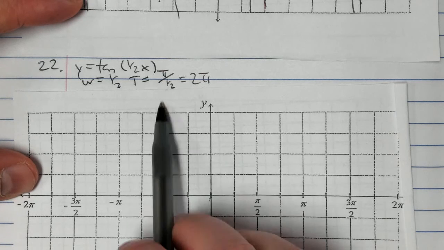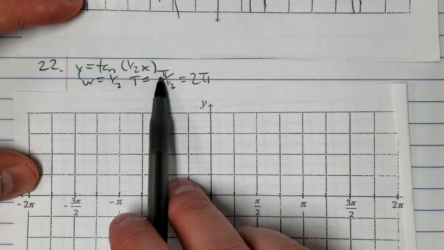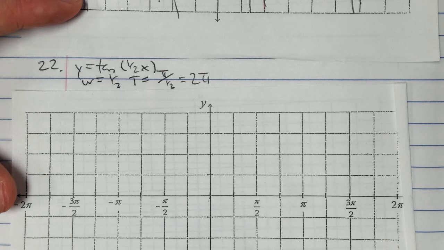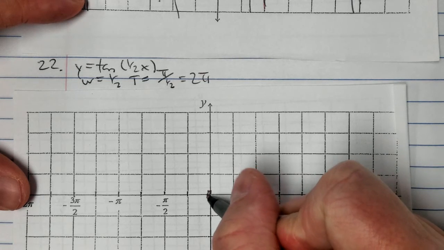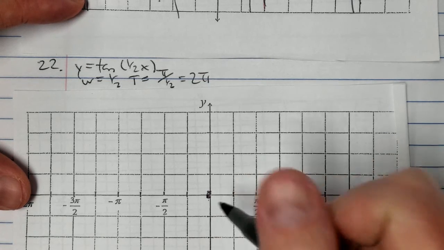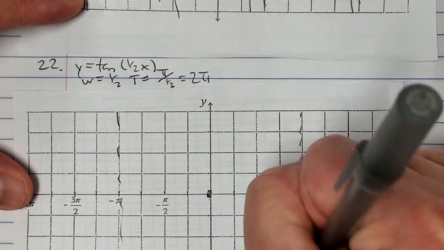So our normal period, like I said earlier, is pi for tan and cotan. And this one goes through the origin, and so our asymptotes are going to be at negative pi and pi.